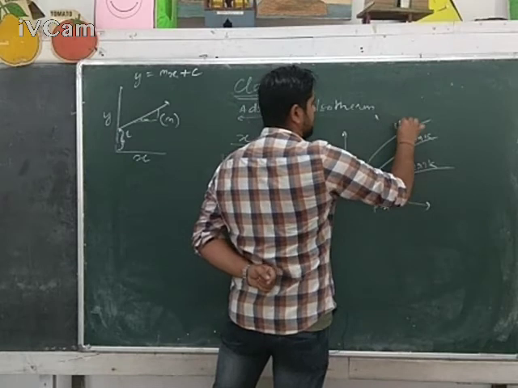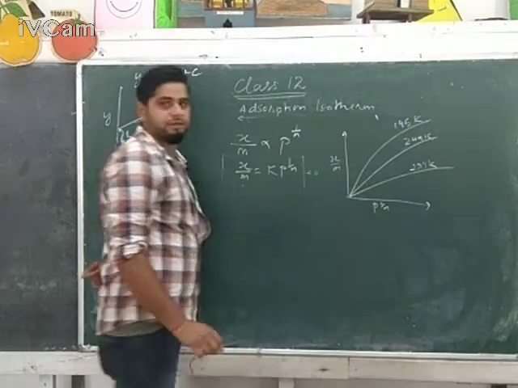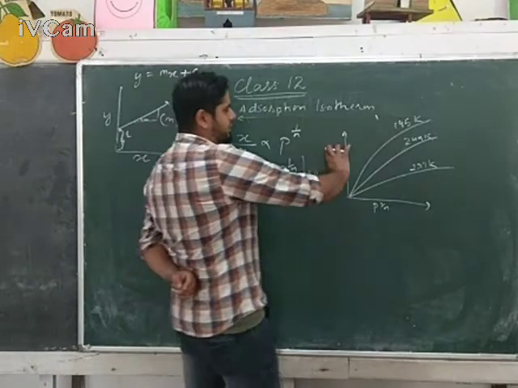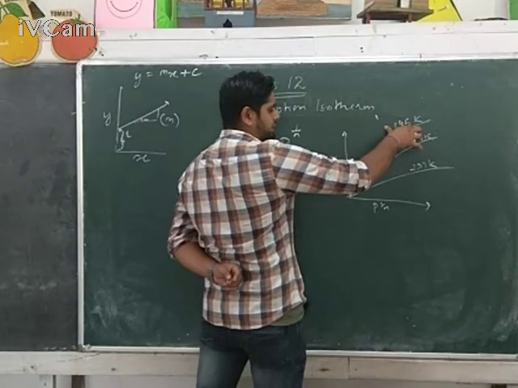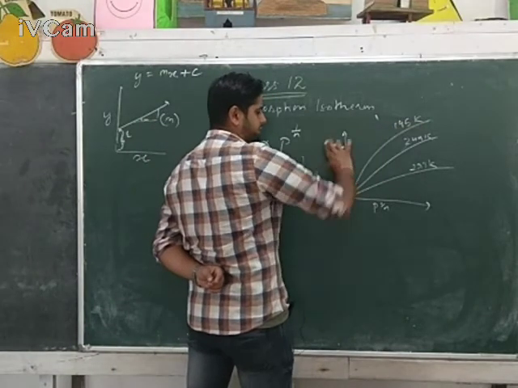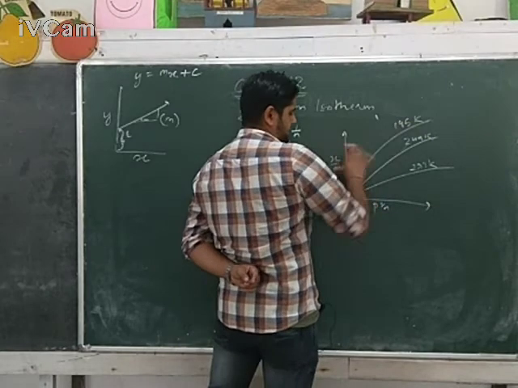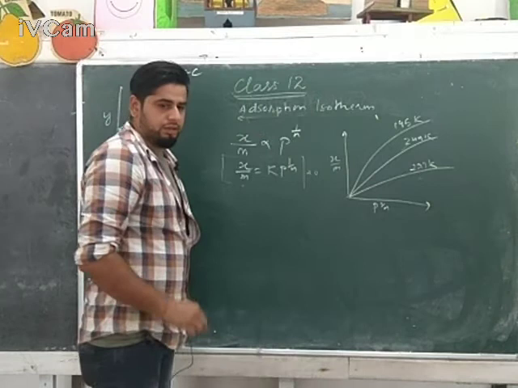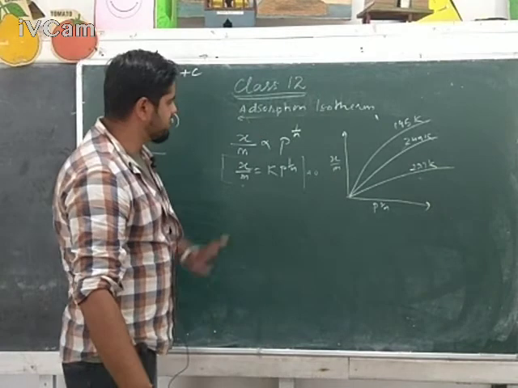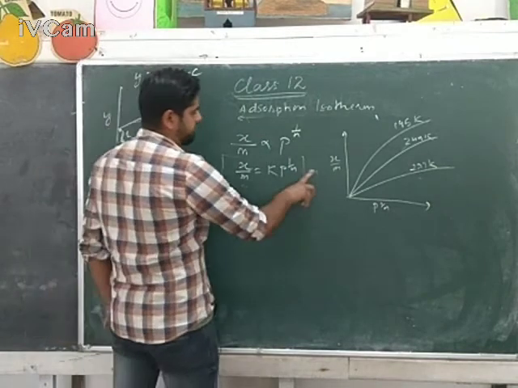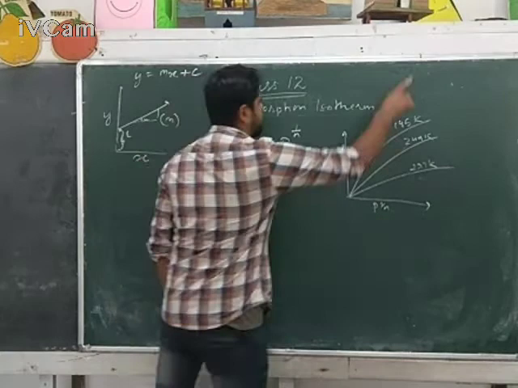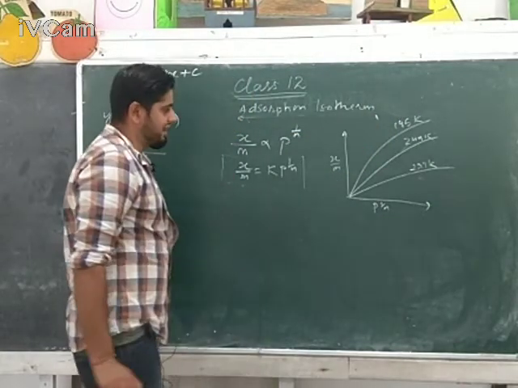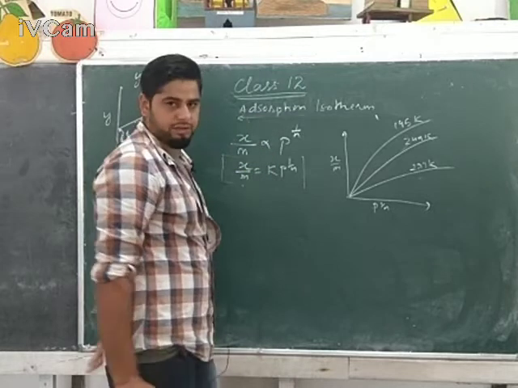As you can see from the difference in the graph, adsorption is maximum at lower temperature and minimum at higher temperature. Got it? So this much is adsorption isotherm. The PDF is already provided, yes or no? Try to relate that PDF with this explanation.